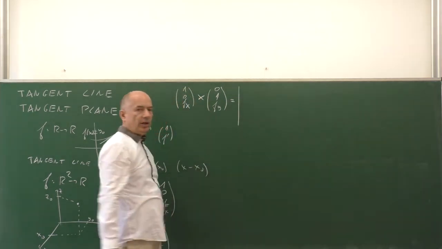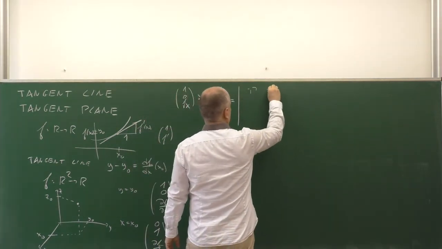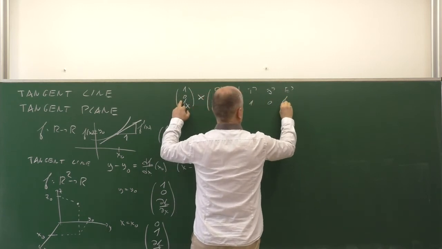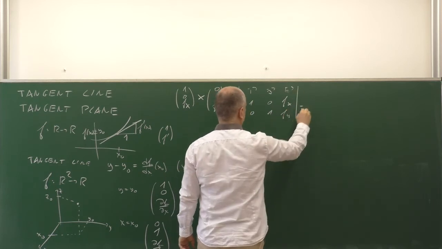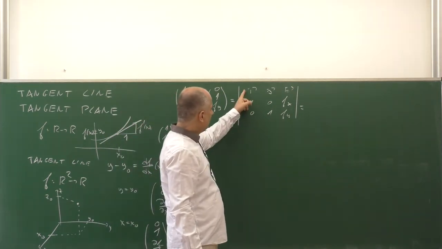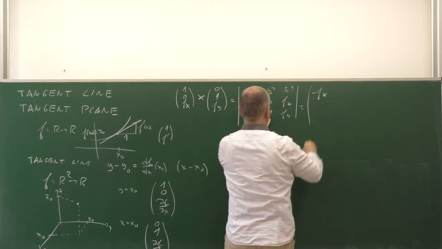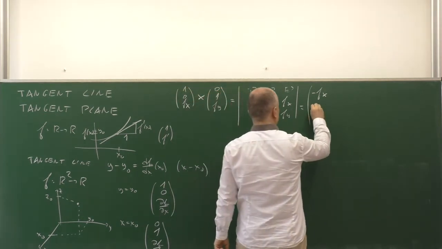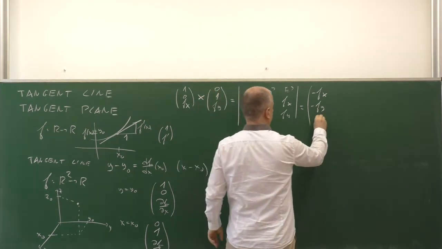then this cross product can be computed using the mnemonic help with the determinant i, j, k, 1, 0, fx, 0, 1, fy. So the first coordinate is minus fx. The second coordinate is minus fy. And the last coordinate is 1.